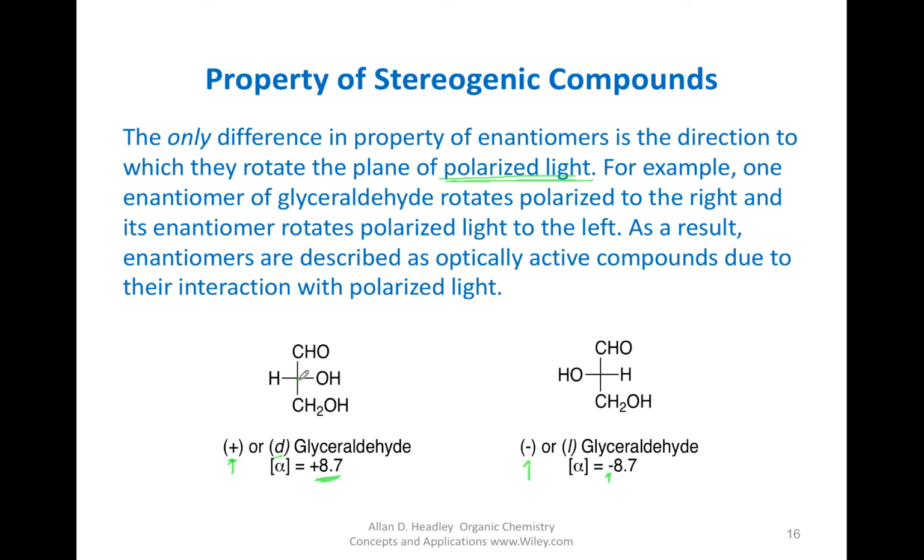As we have discussed before, the absolute assignment, the R and S, is an arbitrary assignment. So we can still assign R and S to this carbon, and we can assign R and S to this carbon. So there's no real direct relationship between the R and S assignment and the direction in which the enantiomer rotates polarized light.